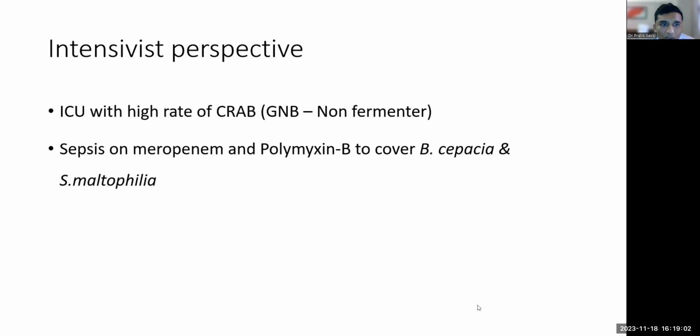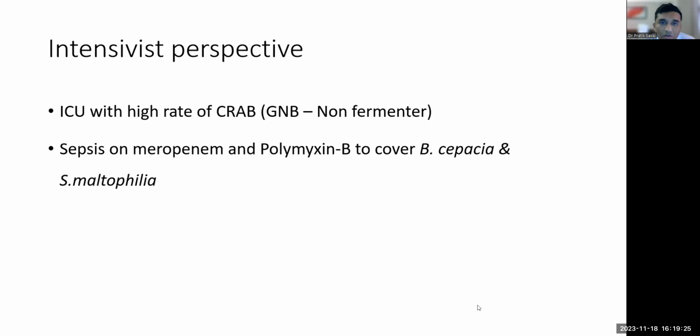The other syndrome is when there is a new onset of sepsis on meropenem and polymyxin B. In that scenario, you can add empiric minocycline just to cover Burkholderia cepacia and Stenotrophomonas, because these are mostly seen in the second and third sepsis in ICU.